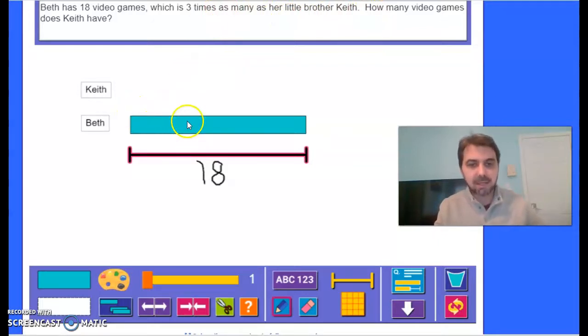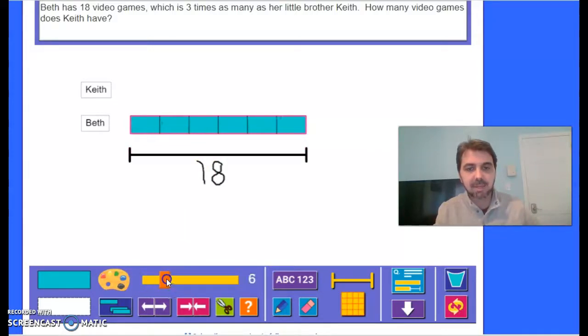So watch this. If I click on the bar and I drag, see down here, I drag this, I can break it into... Oh, let me try it again. Click. Oh, I got to get rid of the pencil. Sorry. Okay, so I click on this and I drag it 2, 3. Look, I can break it up into as many pieces as I want. So I'm going to break it into 3 pieces because it's 3 times bigger than what Keith's is.